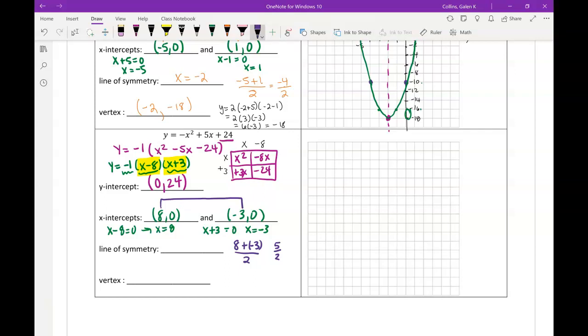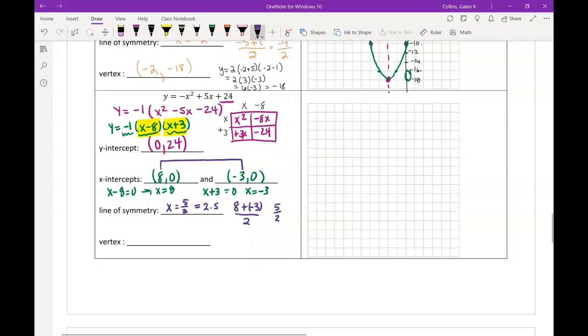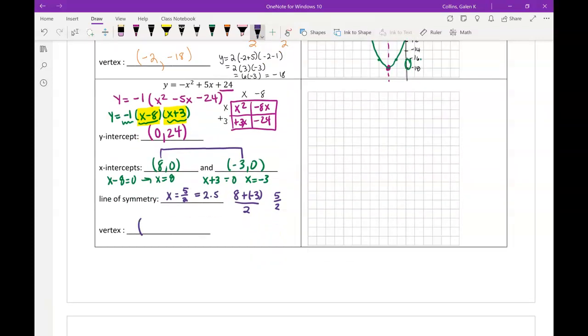So we do get a line of symmetry where we're going to have to deal with a fraction a little bit. So I could either think of it as 5/2 or 2.5, whatever you prefer. And that's a little bit of a bummer because now to find our vertex, I got to deal with that decimal or fraction.